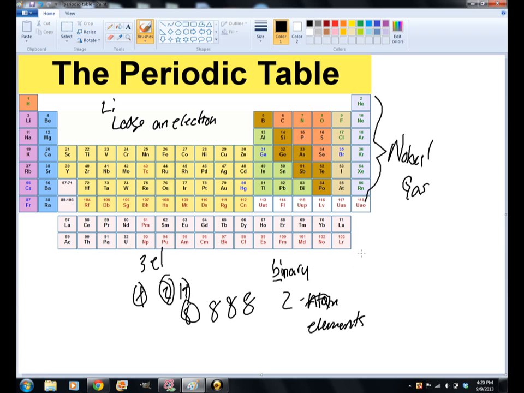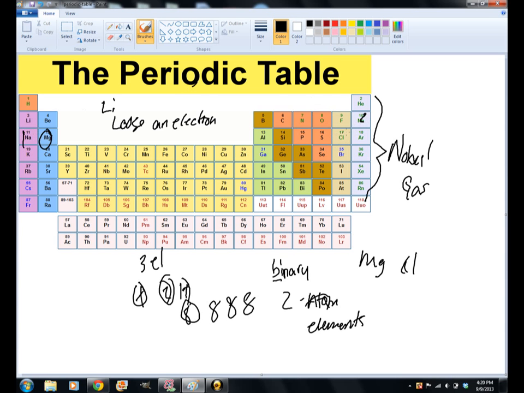So we have, let's take magnesium, Mg, and chlorine, which is Cl. Magnesium, which is right here, wants to go over to 1 and 2.